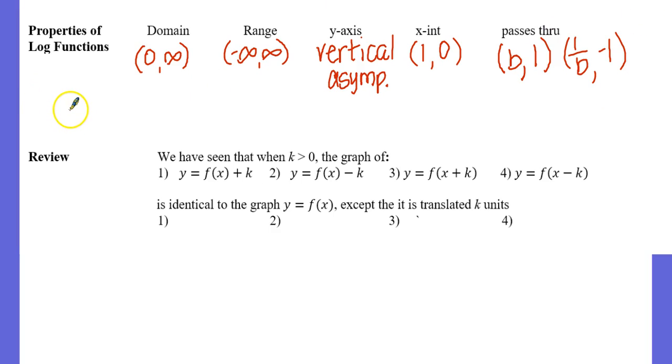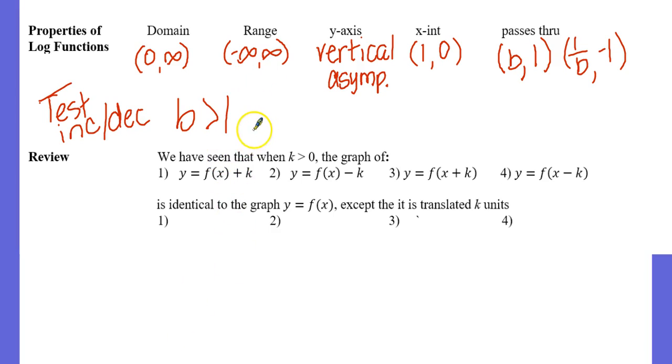Also, I want to talk about when a graph is increasing versus decreasing. These are your tests for increase or decrease. If your base is greater than 1, what do you think your graph's going to do? It's going to increase, so it's going to look like that. Okay, if your base is greater than 1. If your base lives between 0 and 1, so it's a fraction, what is your graph going to do?